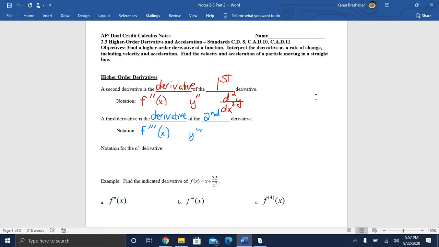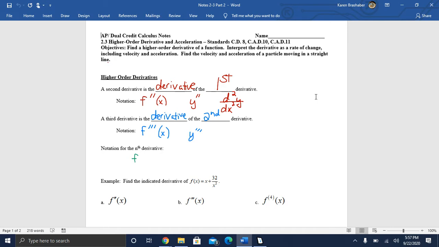Now, honestly, we in this class at least do not go above the second derivative in terms of any applications. So I'm just letting you know that higher order derivatives are out there. And so even when we get ready to do the higher derivatives than third, we would just need to be aware that there is notation for that.